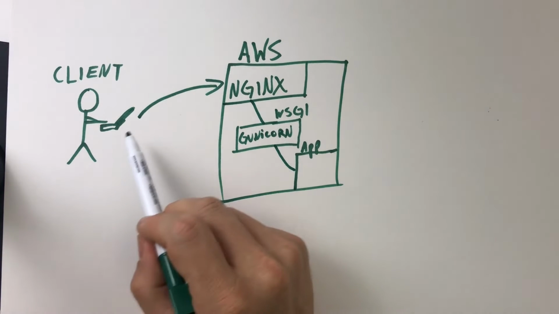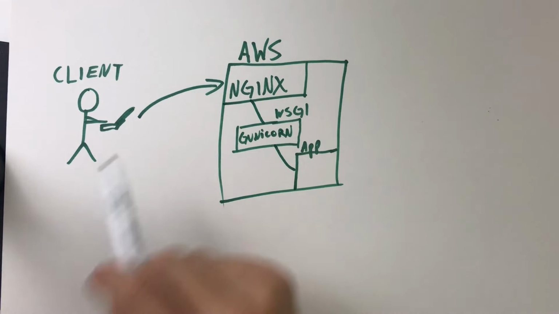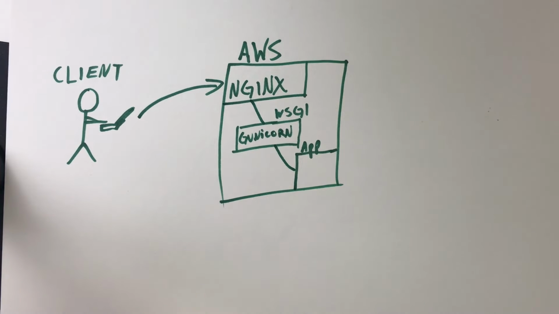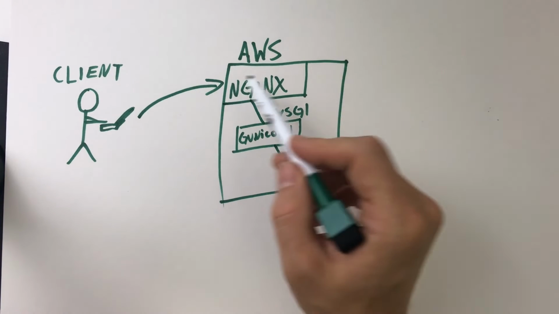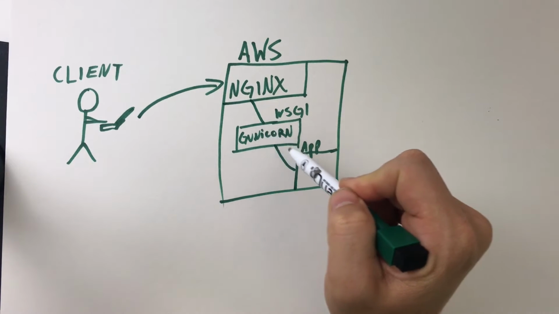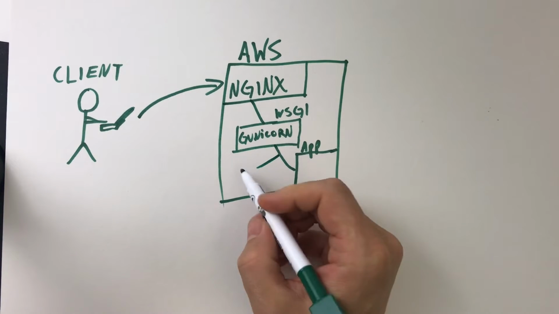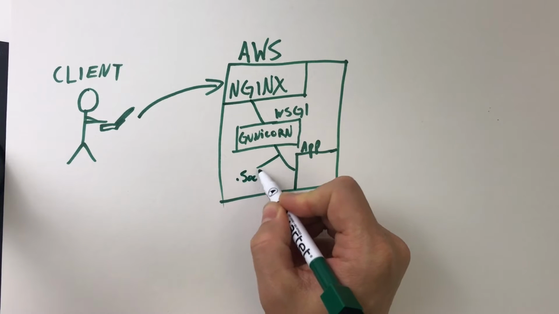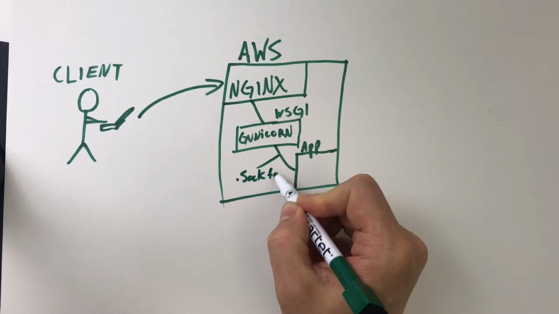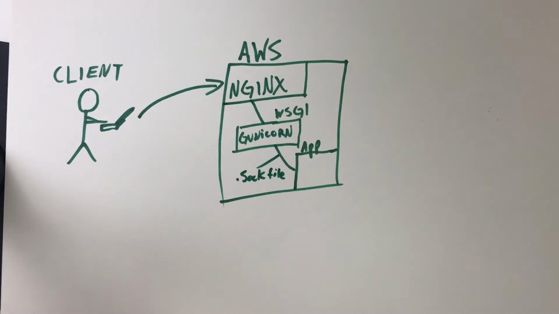So now any requests that come into Nginx and any routes that are associated with it are passed through Gunicorn and connected to our app. This connection, these little lines, are what's called a .sock file, which is essentially a Unix domain socket that allows Gunicorn to talk to our app, Gunicorn to talk to Nginx.